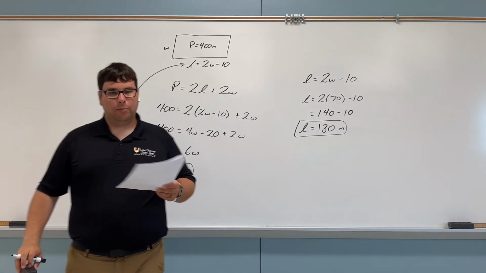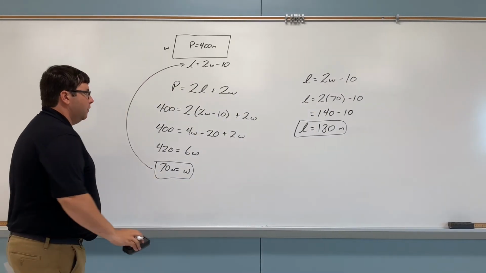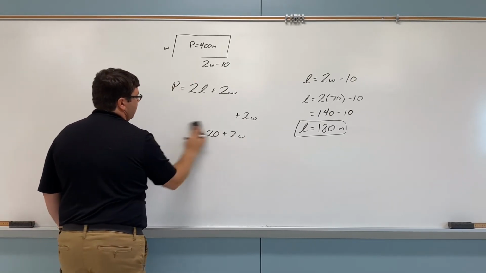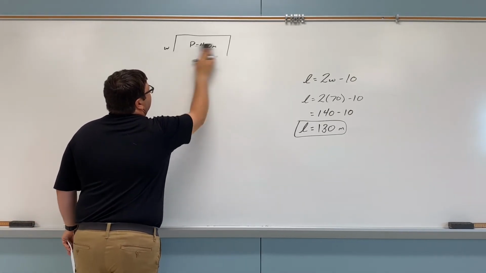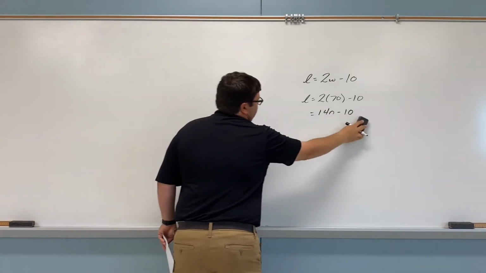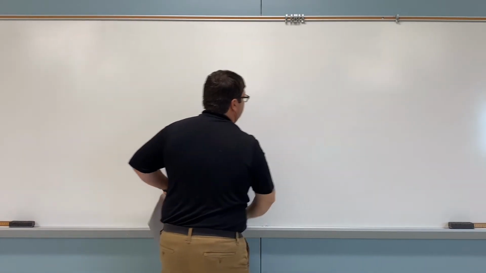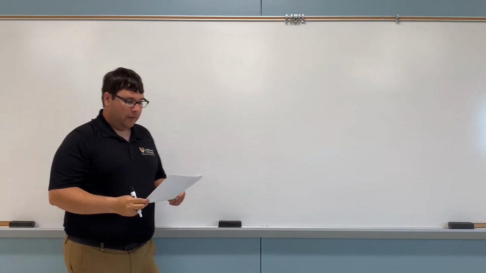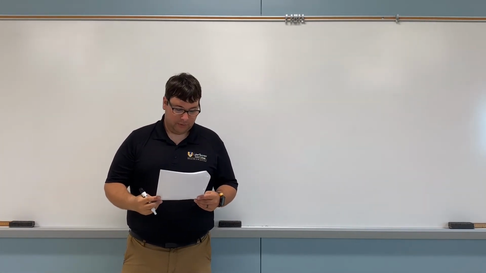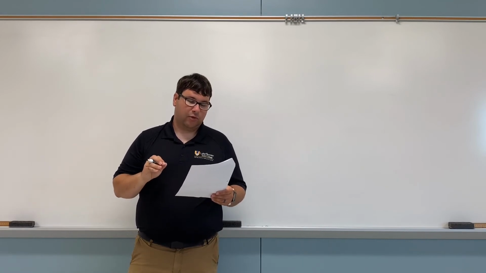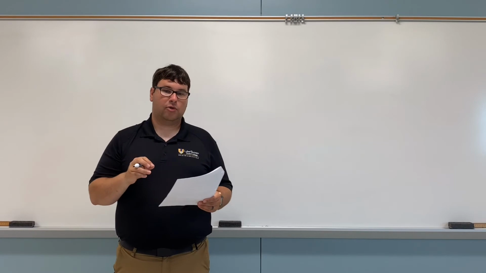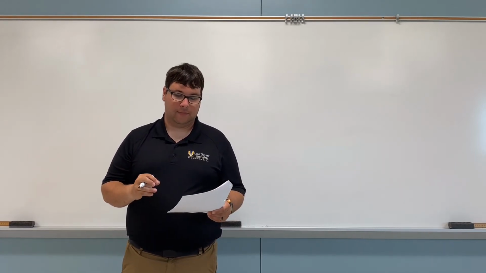Okay, let's do another problem, which of course means I need board space. All right, the last problem for section 2.5 says convert 77 degrees Fahrenheit to its equivalent temperature in degrees Celsius.